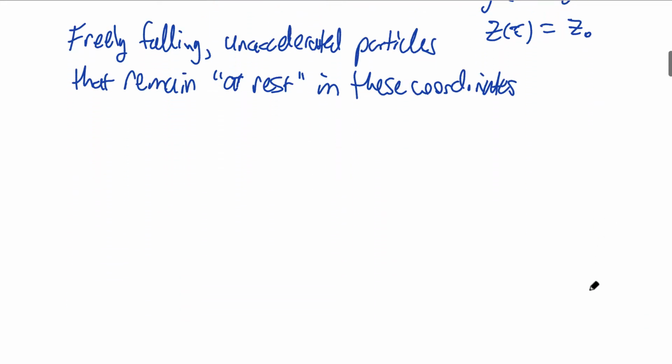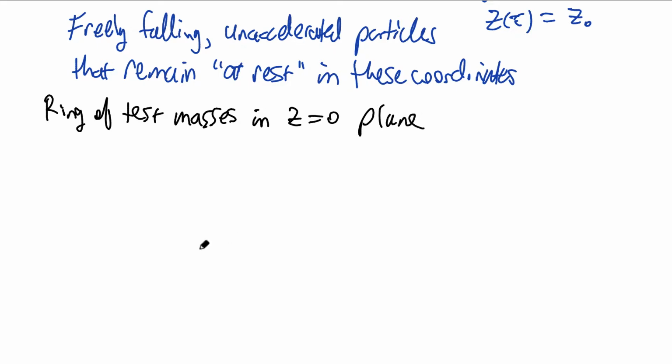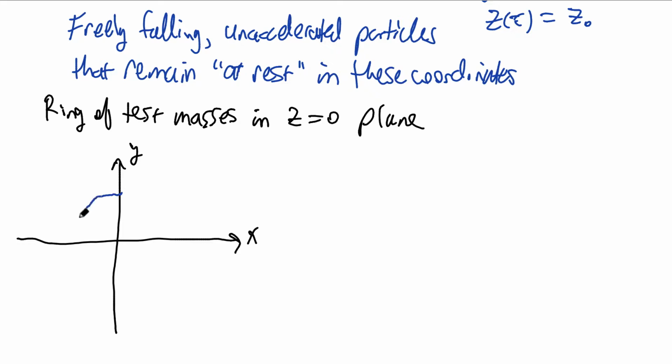As an example, we can consider a ring of test masses in the z=0 plane. So here's the y-axis, and this is the x-axis, and this is the ring of test masses. Recall that our gravitational wave is propagating in the z direction. As it passes through this region, the ring of particles stay in place in these coordinates.